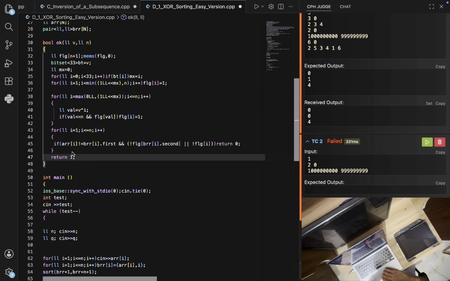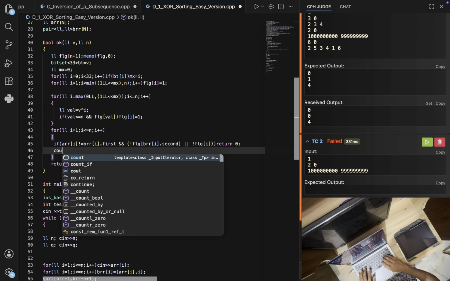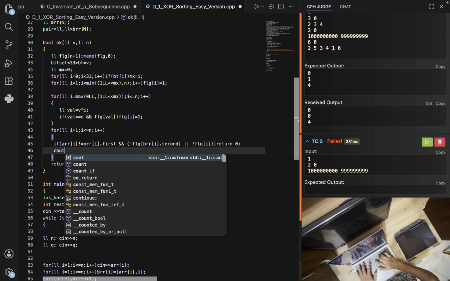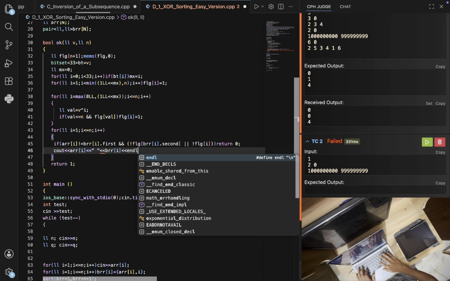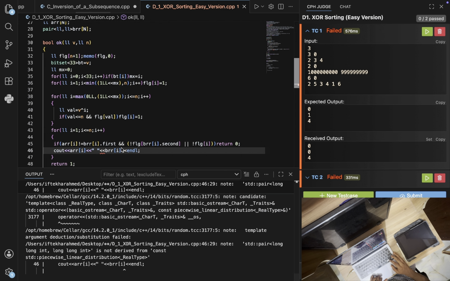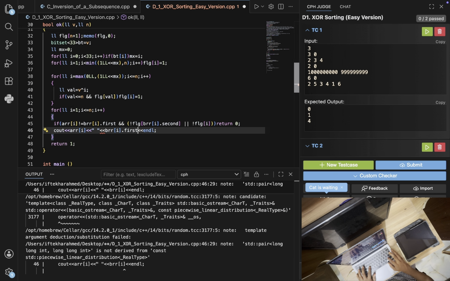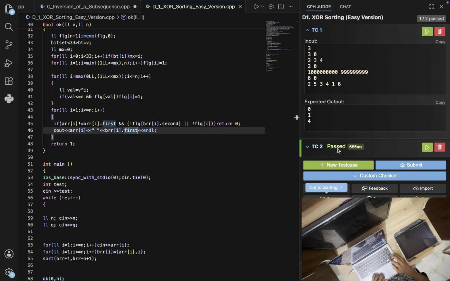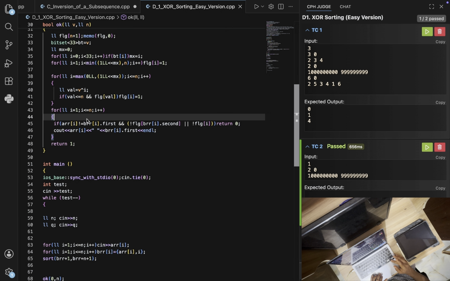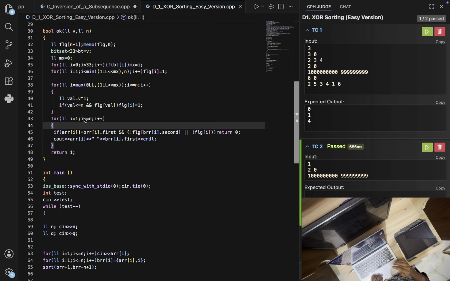So from index 1 I'm saying if both are not equal and any of them is wrong, obviously both are wrong and both are not equal. It didn't print. I returned 0.